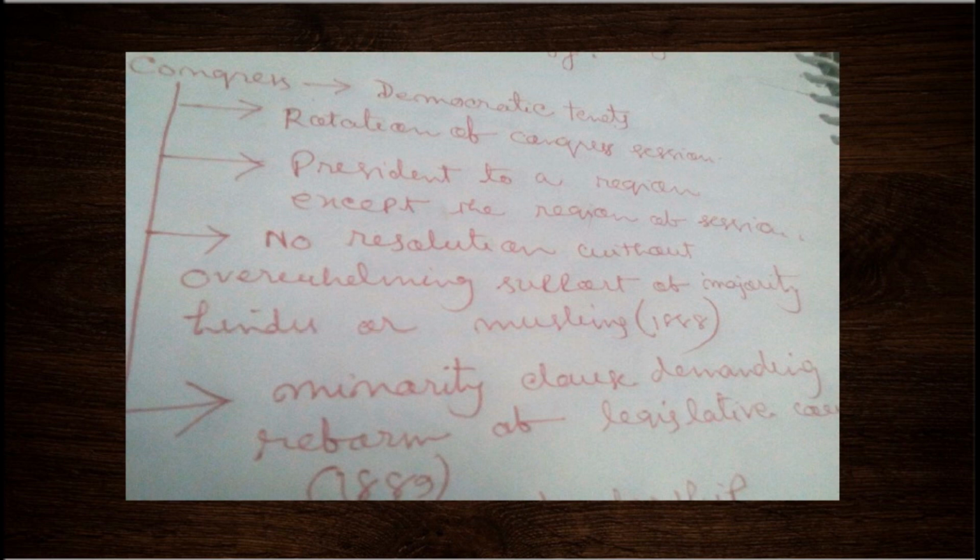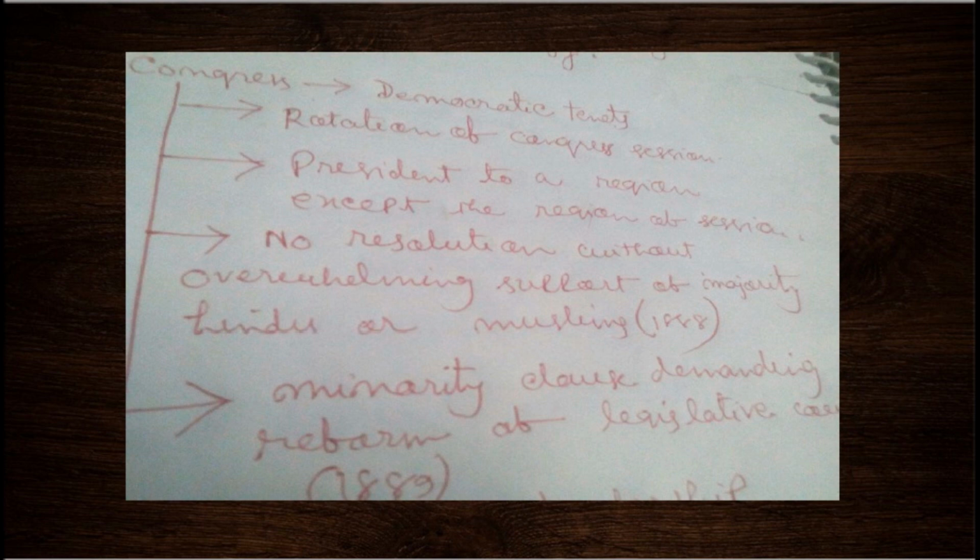For example, rotation of Congress sessions was used to popularize the national ideology of Congress and to make people politically aware. The Congress session was not organized in one place, but in different places. The president was selected from a region other than where the session was held, like the governor.